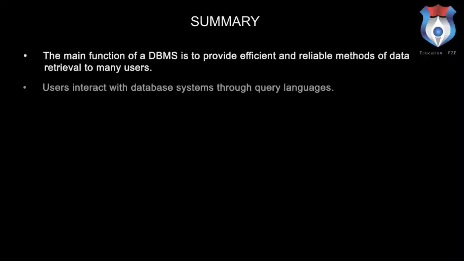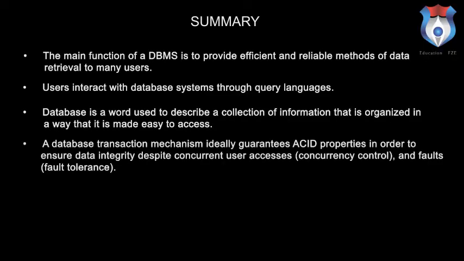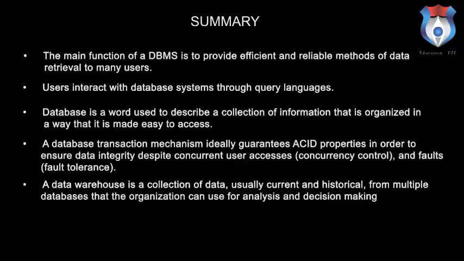Summary. Now in the end, let us summarize what we have learnt in this lecture. The main function of a DBMS is to provide efficient and reliable methods of data retrieval to many users. Users interact with database systems through query languages.